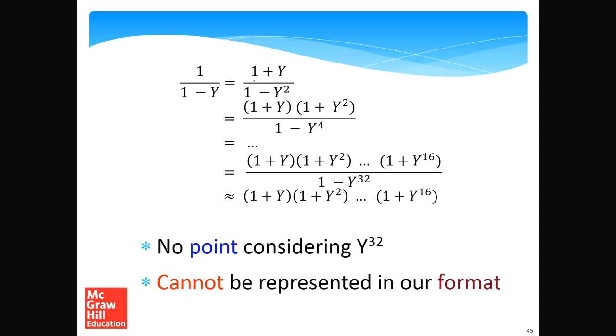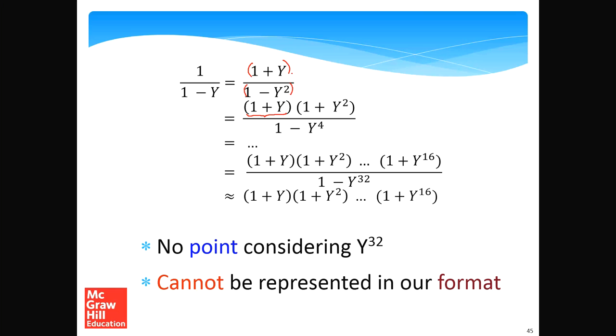So 1 by 1 minus y is equal to, let's see. Let us multiply 1 plus y to the numerator and 1 plus y to the denominator. So we get 1 plus y, and recall that 1 minus y times 1 plus y is 1 minus y squared. Similarly, we can do the same once again.